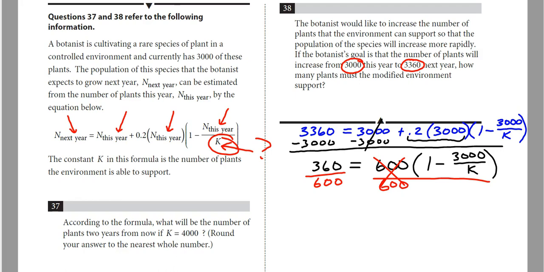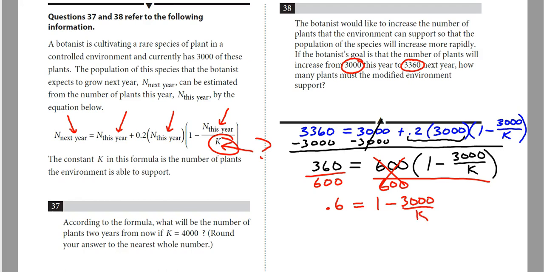If you're good with fractions, you could reduce that down, but I'm going to just change it to a decimal. 360 divided by 600 is 0.6. So 0.6 equals, I can now drop the parentheses, 1 minus 3,000 over K.